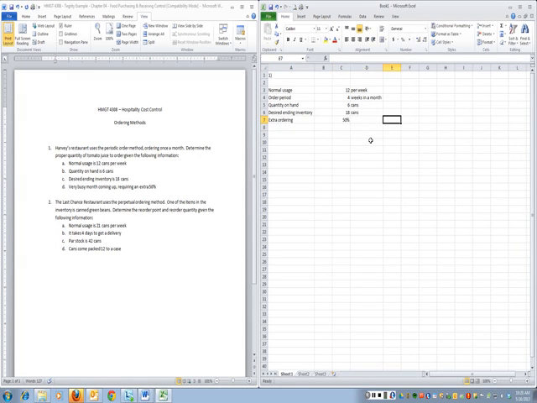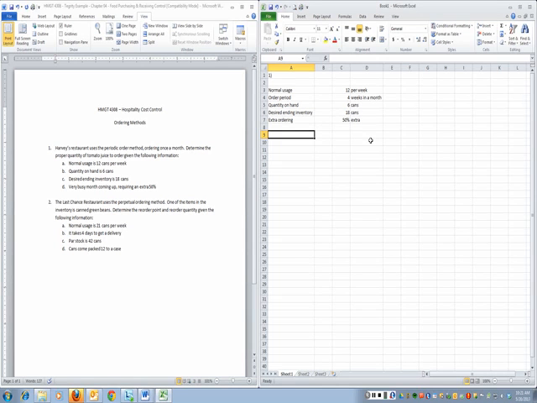There we go. 50% extra. Okay, so here's the first thing we need to figure out: how much we're going to need over the next month, or over the period that we order where nothing has come in yet, because we're only ordering on a once per month basis.